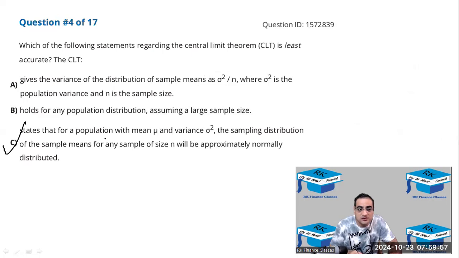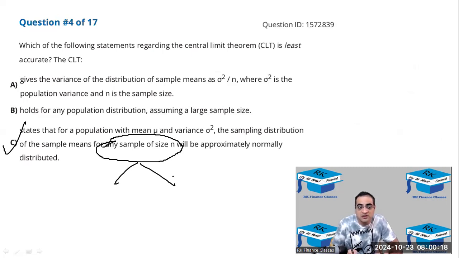Population states that for a population with mean mu, this is general mu, with variance sigma square, the sampling distribution of the sample means for any sample size will be approximately normally distributed. This is true if either of the two conditions is true, which they have not mentioned.